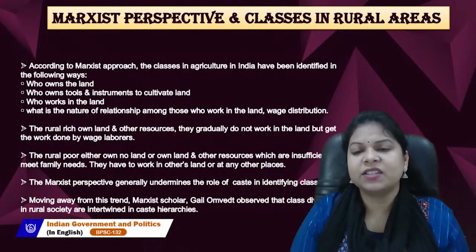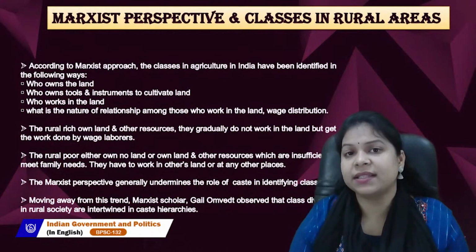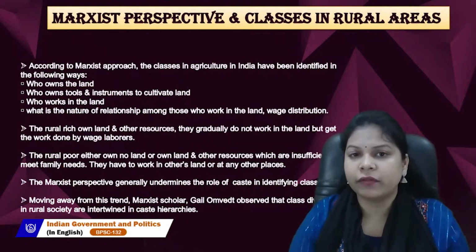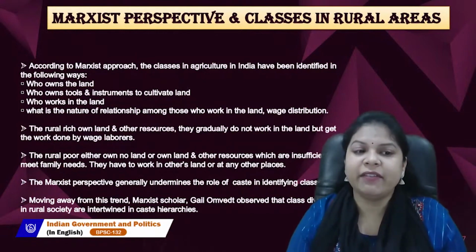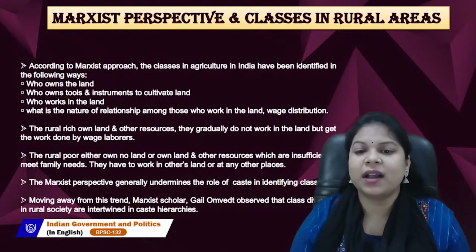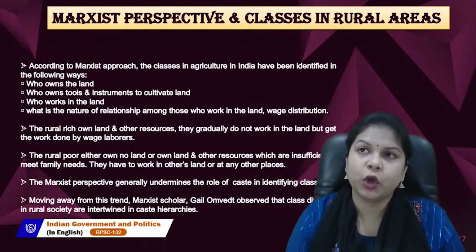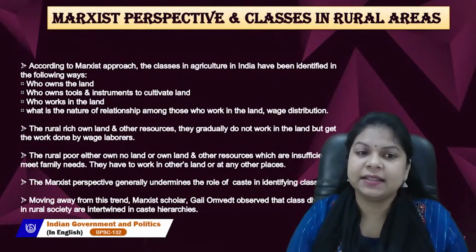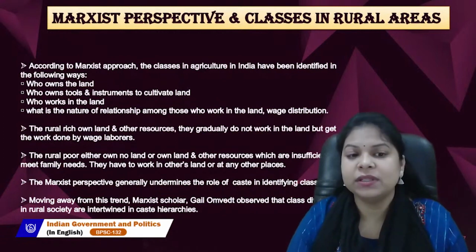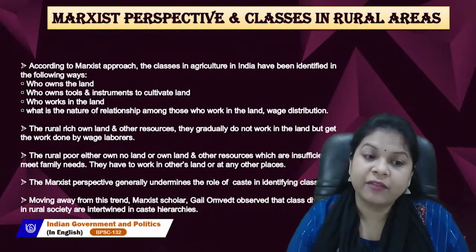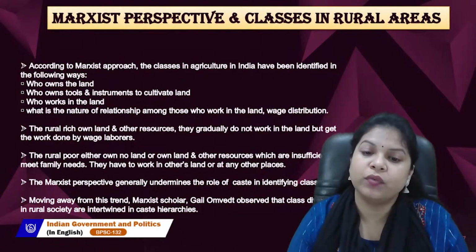The first thing they talk about is who owns the land, who owns the tools and instruments to cultivate the land, who works in the land, and what is the nature of wage distribution among those who work in the land.